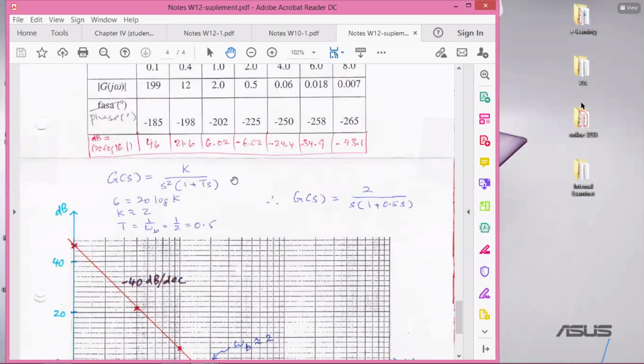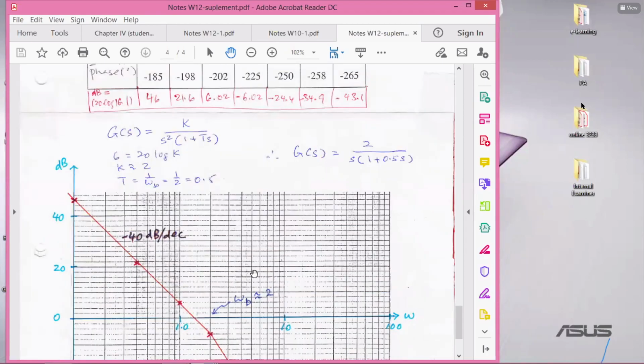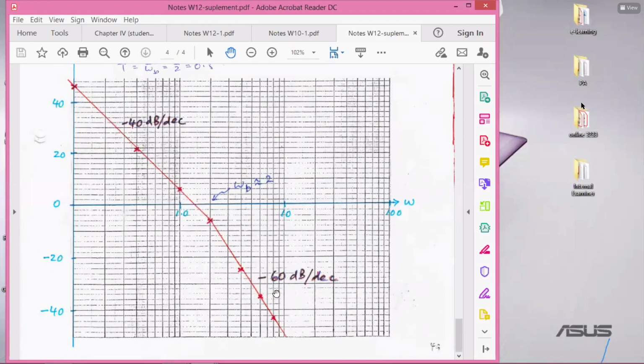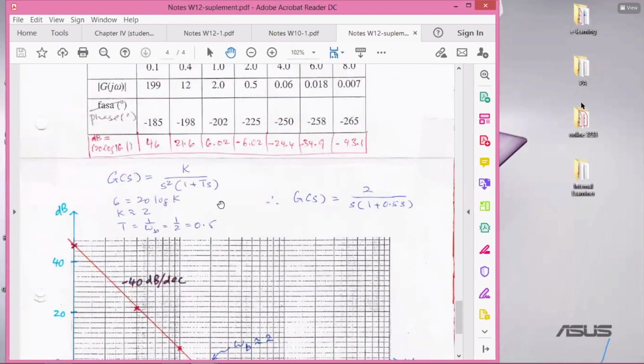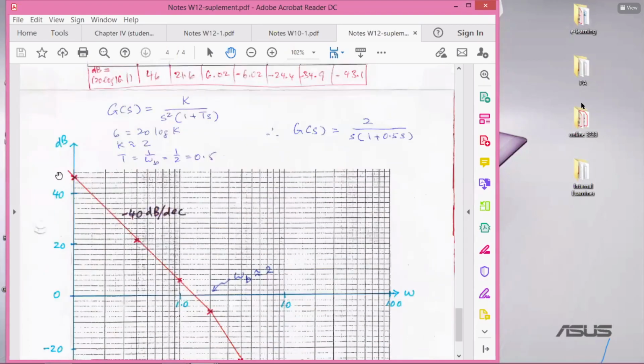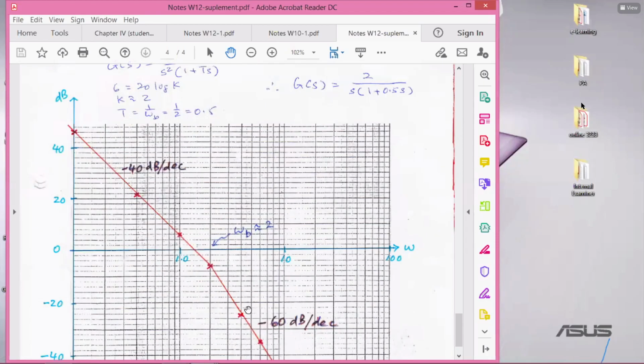So 1 over 1 plus τs is going to add another negative 20 decibel per decade. So after dropping negative 20 decibel per decade, you're going to drop another negative 60 decibel per decade. So this type of transfer function will give you this form of decibel curve.